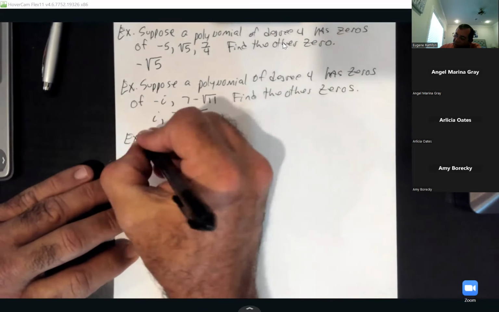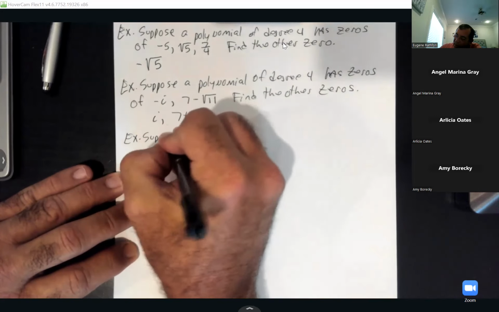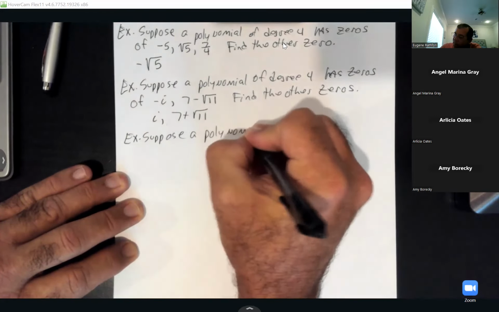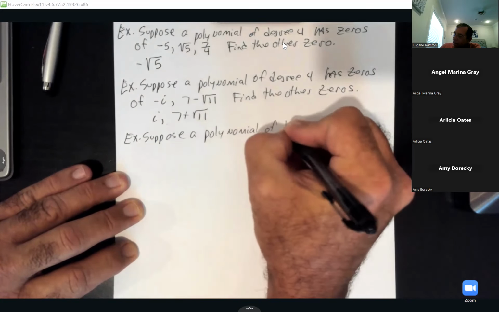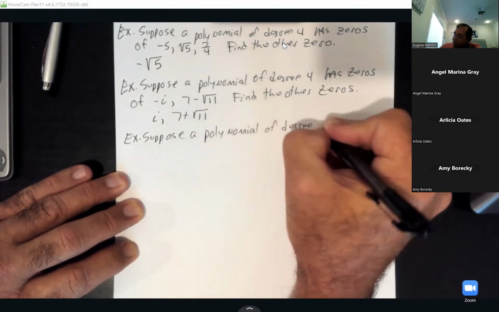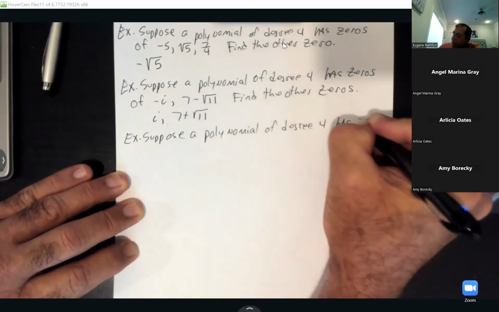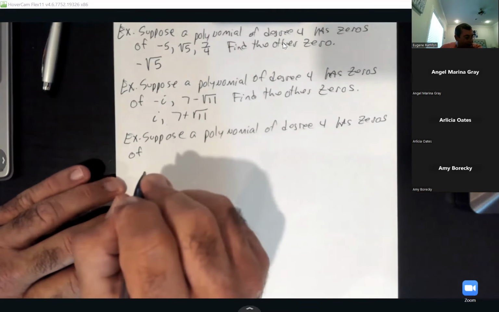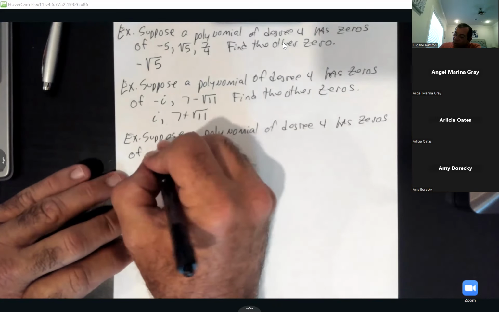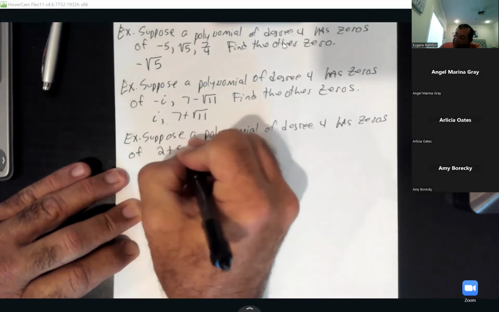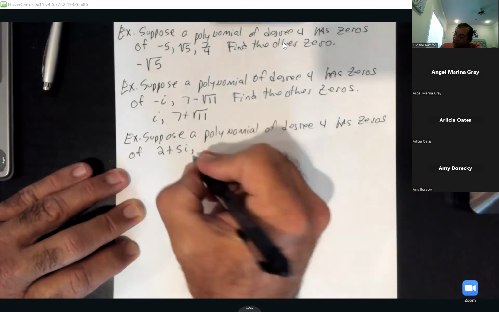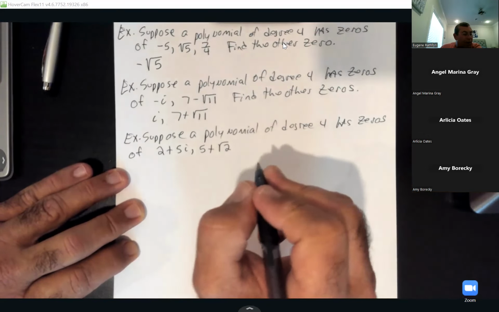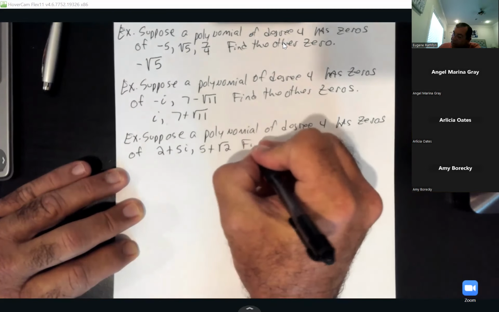Suppose a polynomial degree 4 has zeros of, oh, y'all, let me see, 2 plus 5i and 5 plus square root of 2. Find the other zeros.